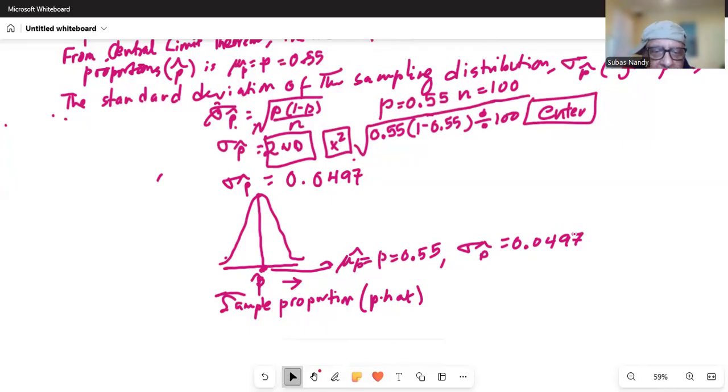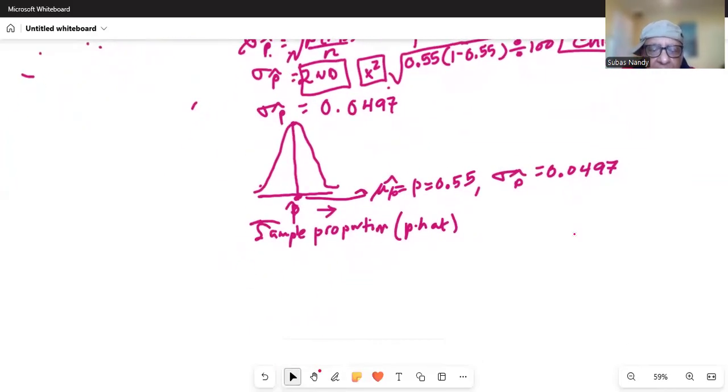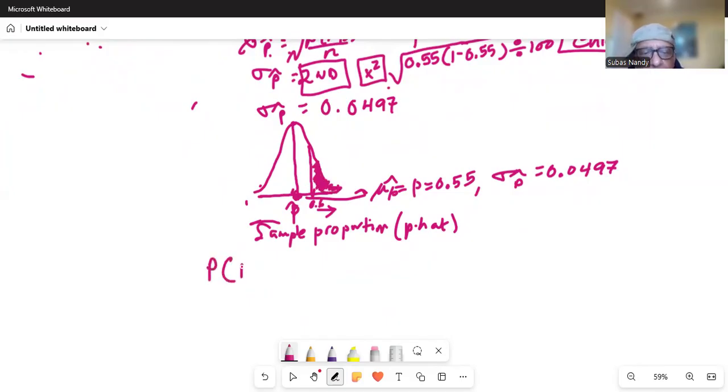The center is 0.55 over here, so this is 0.6 and we want more than 0.6, the area to the right of this. We want the probability that p hat is greater than or equal to 0.6, more than 60%. And we are going to use our calculator again.